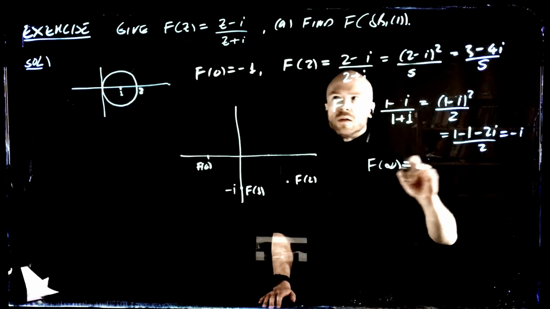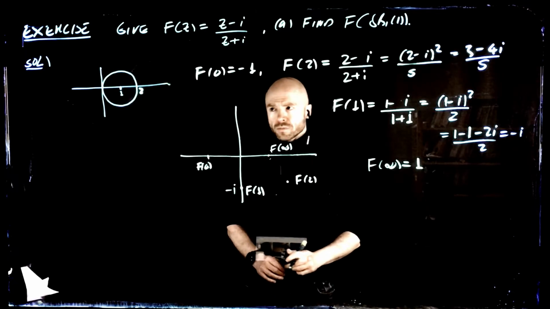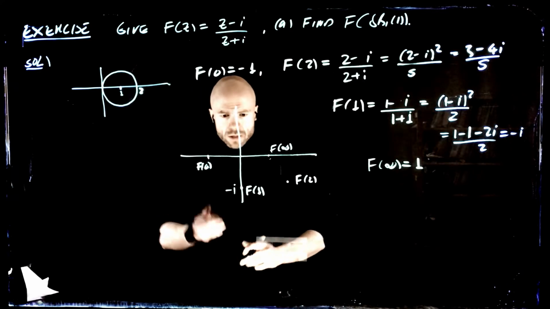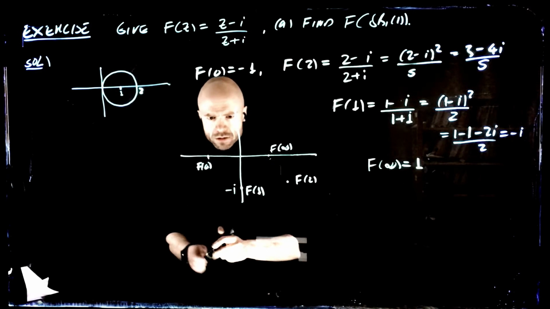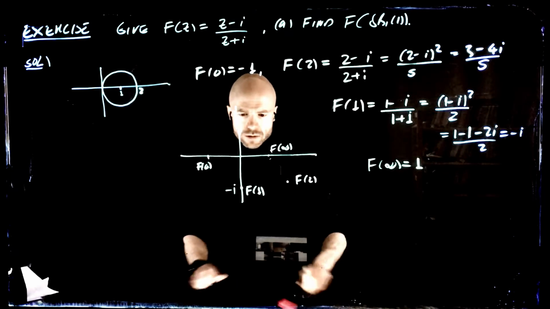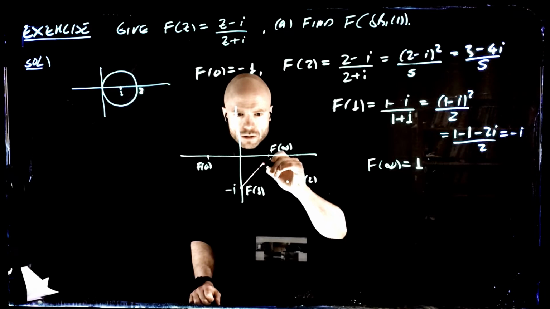This is just 1, right? So this here is 1. Okay, so it's going to be a circle, and these points are going to be symmetrical with respect to the circle.